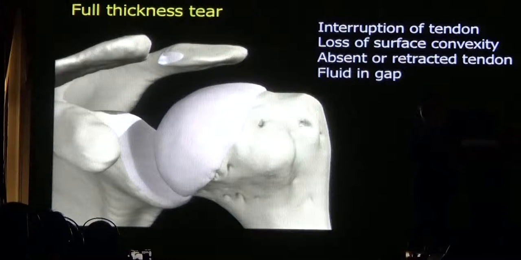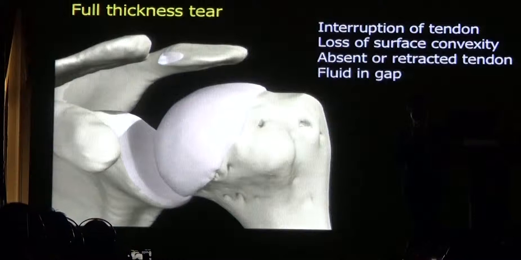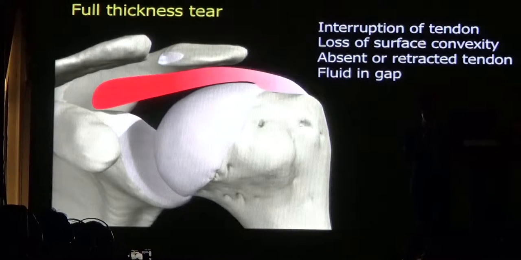We move on now to full thickness tears, which I think are actually more common than partial thickness tears, because usually once the tendon has started tearing, it progresses to a full thickness tear. And what we see is an interruption of the tendon with loss of the convex superior border, and the tendon may be absent or retracted, and you may see fluid in the gap.